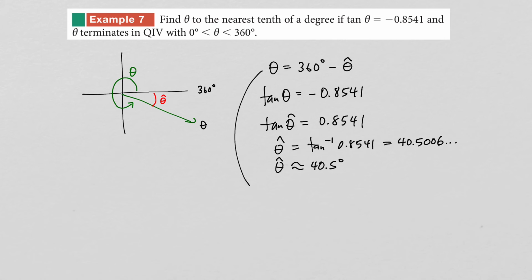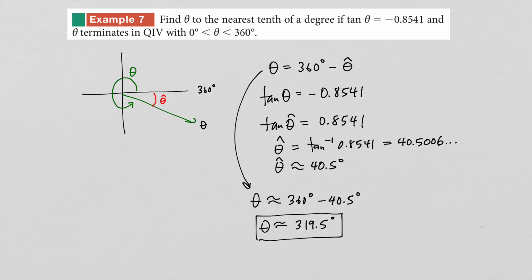And now if I bring this down here, we have theta then is approximately equal to 360 minus 40.5 degrees. And when you do the subtraction on that, we get theta is approximately equal to 319.5 degrees.